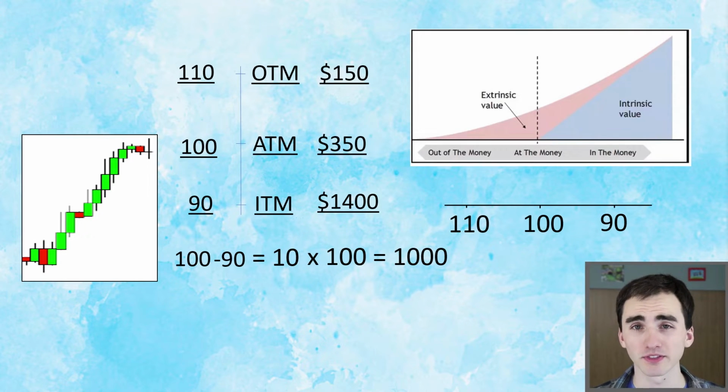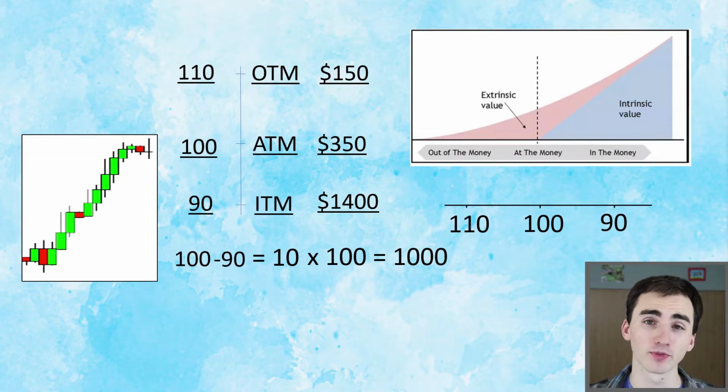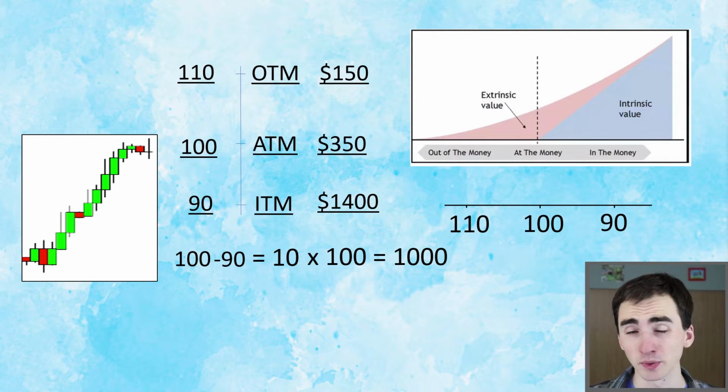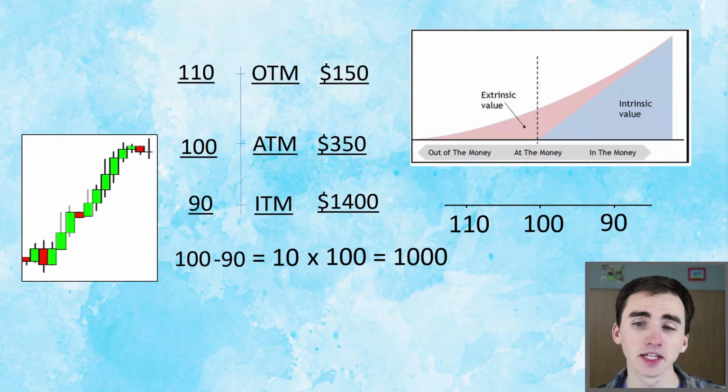Now, extrinsic value is essentially the premium that the seller wants to sell you that option. With someone selling you this contract, they're going to want some kind of compensation or potential profit. As you can see with this graph, as the in the money goes up, the intrinsic value goes higher and higher, and the extrinsic value gets lower and lower.